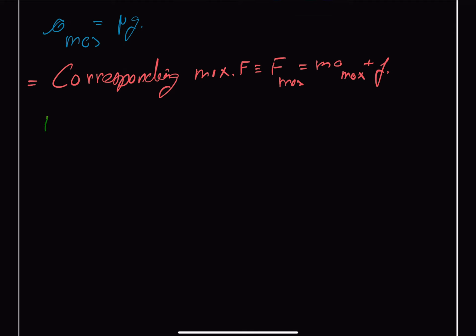We get F max will be equal to m mu g plus mu mg, which comes as 2 mu mg. Now let's evaluate the corresponding options.